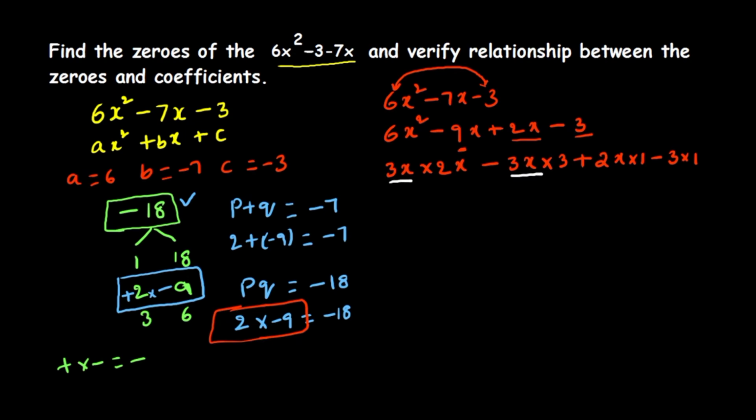If I take 3x common, the remaining from this is 2x, and take this minus here. Now this 3, 2x minus 3, plus, now what is the factor from these two? That is 1. So I take plus 1.